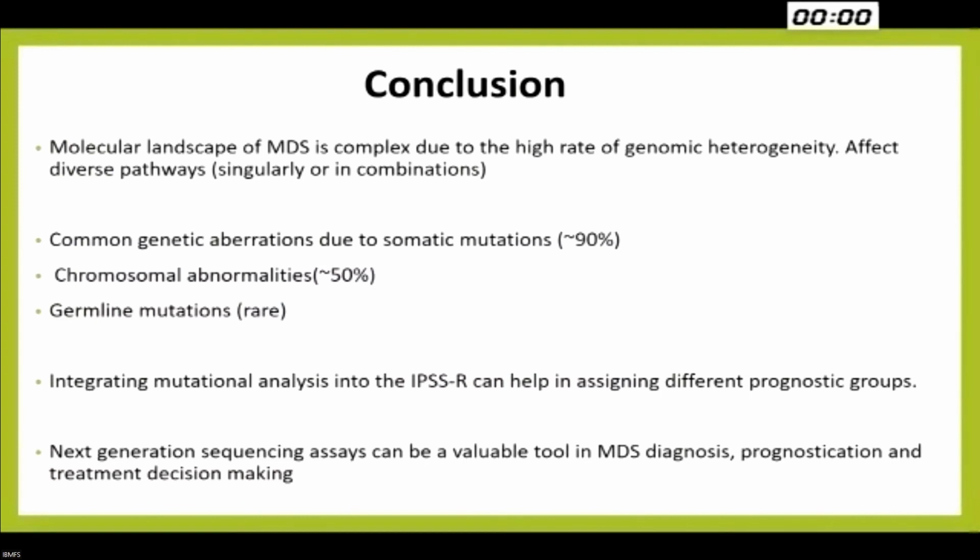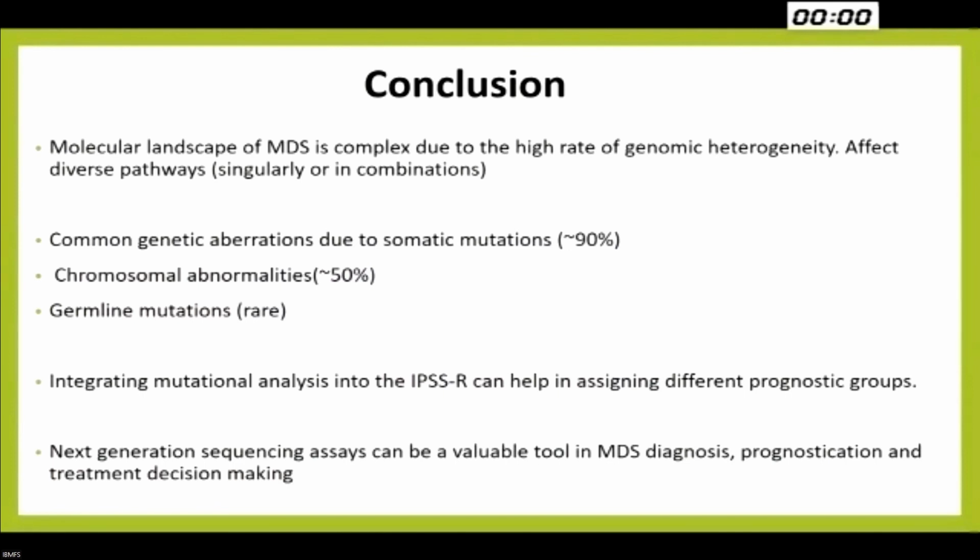And to conclude, the molecular landscape of MDS is quite complex, as we have understood, due to a high rate of genomic heterogeneity, affecting diverse pathways, singularly or in combination. Approximately 90% of patients with MDS will have some kind of mutation if you do molecular studies. 50% will have some chromosomal alterations.